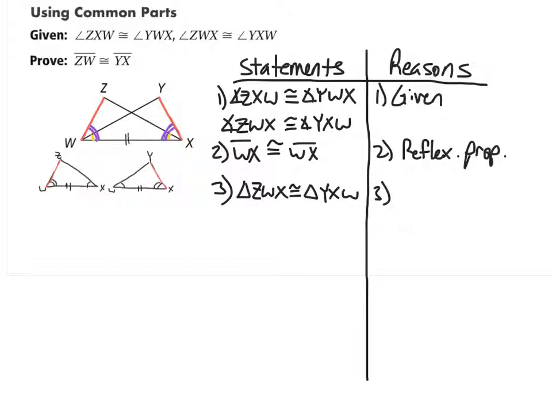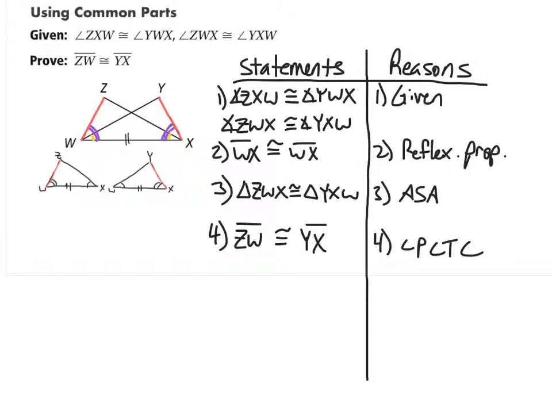And that is because of angle, side, angle. Cool. Then, we're now able to say what? There it is. Line segment ZW is congruent to line segment YX because corresponding parts of congruent triangles are congruent. Very good.